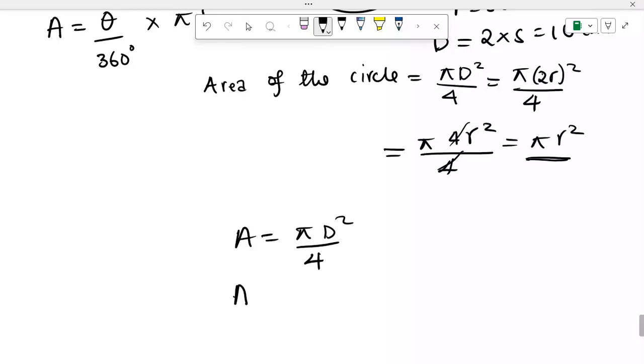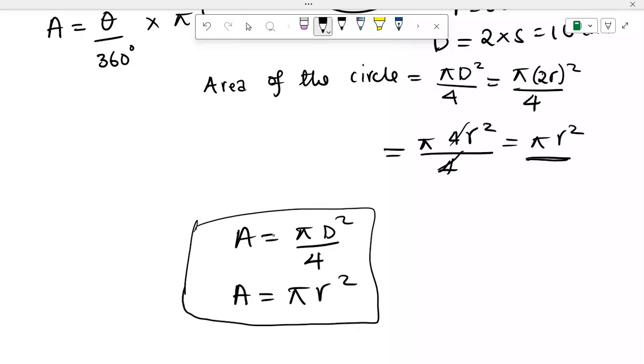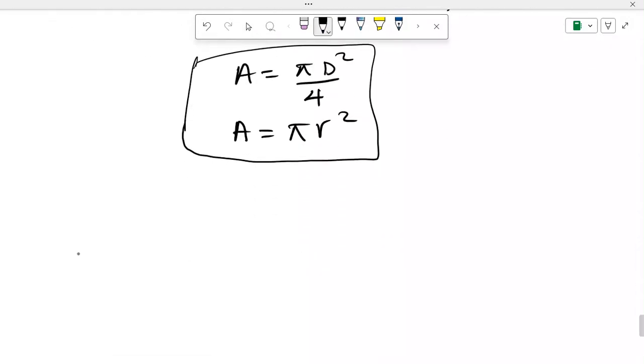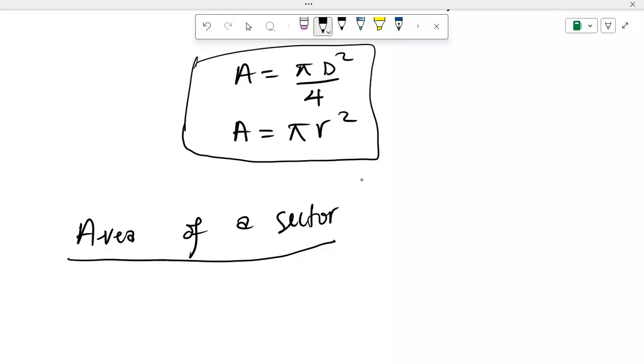If you are given the radius, you just use pi r squared. So for the area of a sector, we multiply the total area of a circle by the angle separating the two radii.